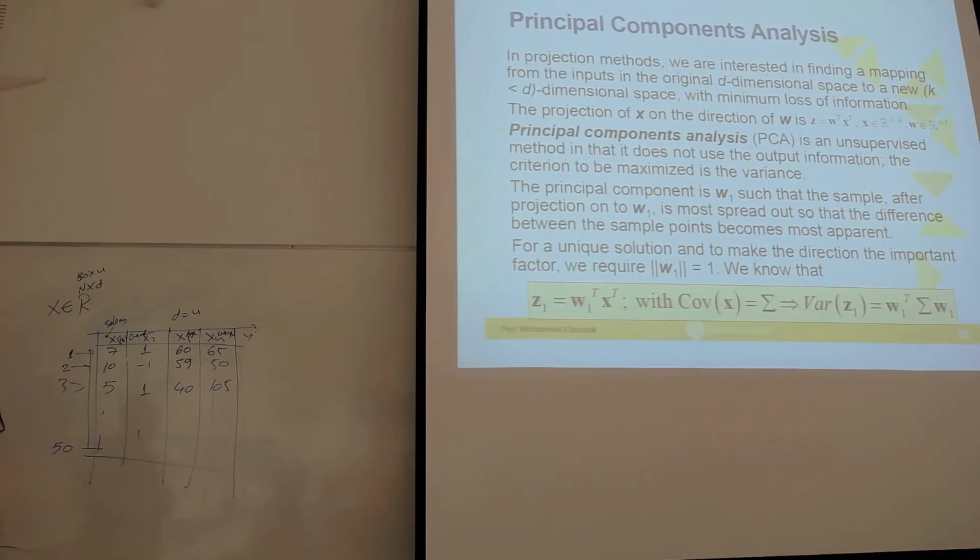What happens if you multiply all this by a weight W, where the dimension of the weight is D times 1?